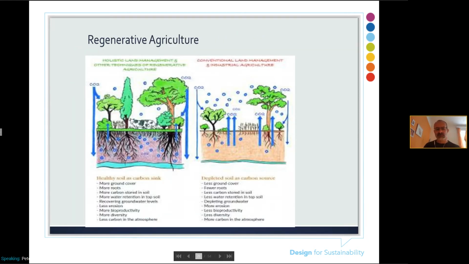Just briefly, the regenerative concept is nothing particularly new. It's being used in agriculture, particularly by a lot of people in permaculture, who have been using these ideas and concepts for a while to regenerate ecological systems at the same time as supporting human survival and thriving.